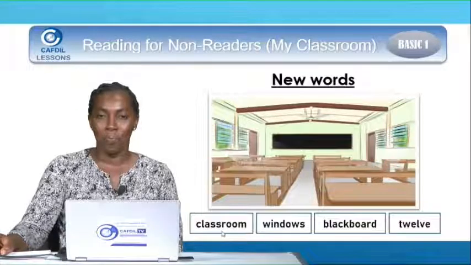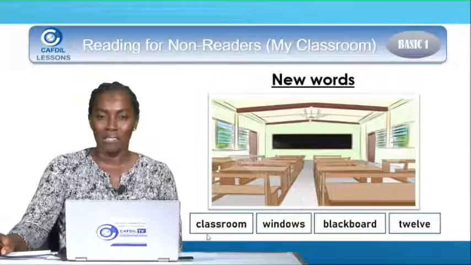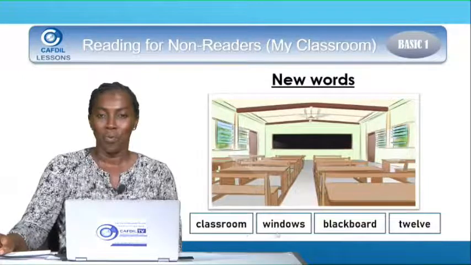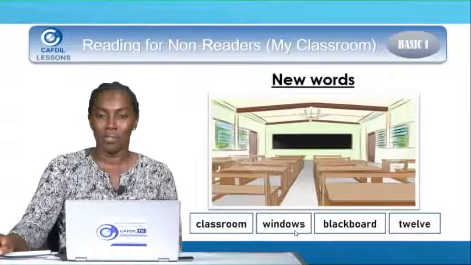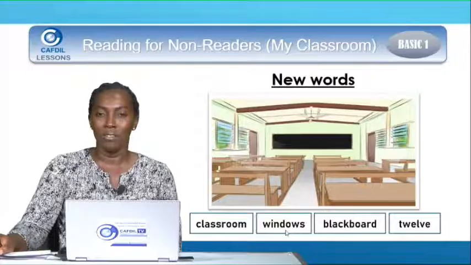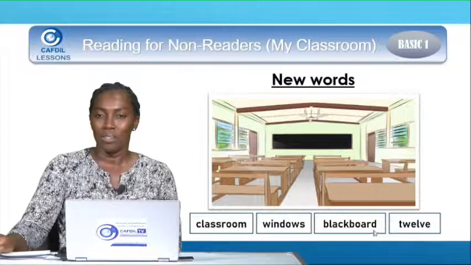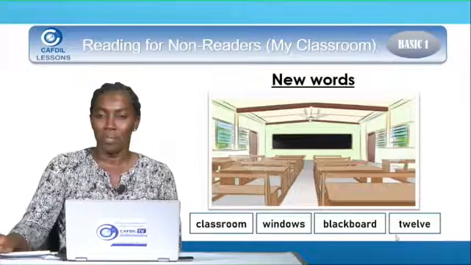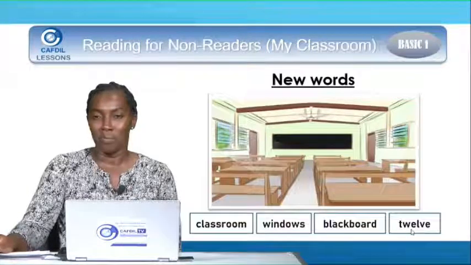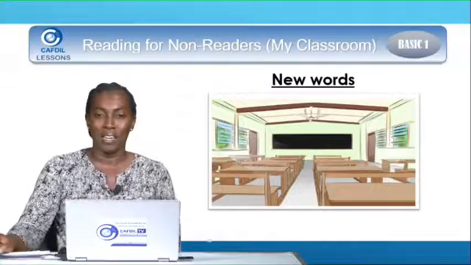Classroom, windows, blackboard, 12. Let's look at them again.